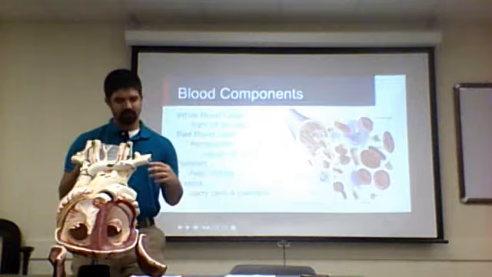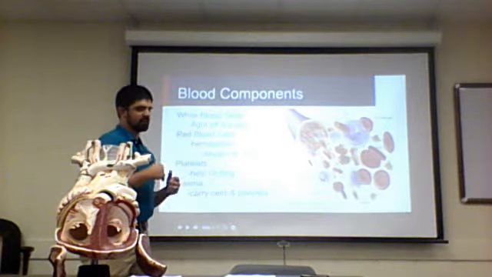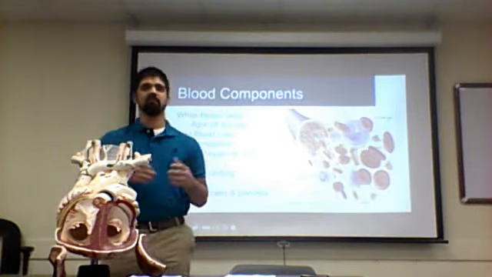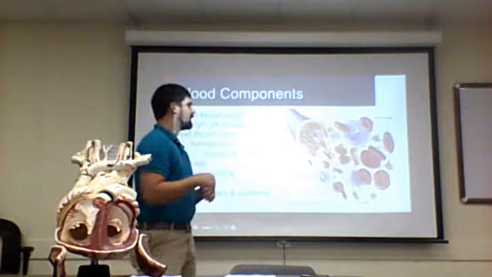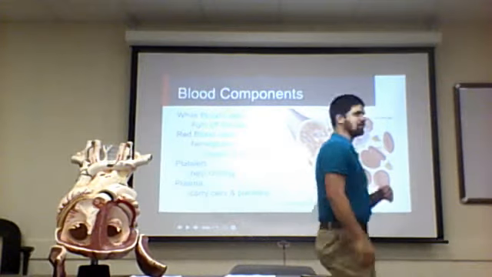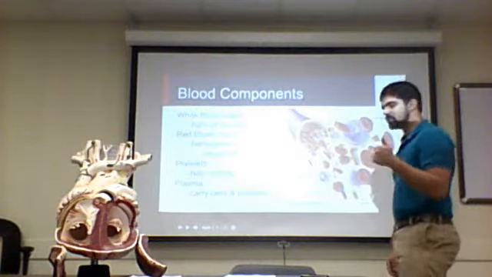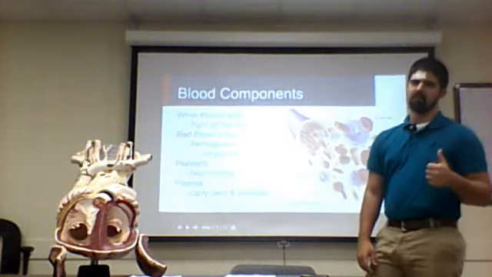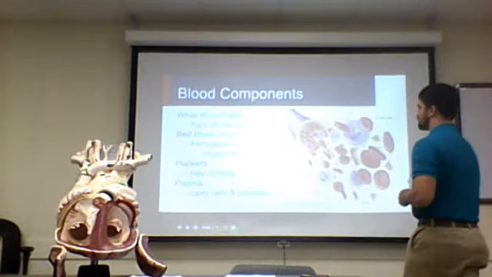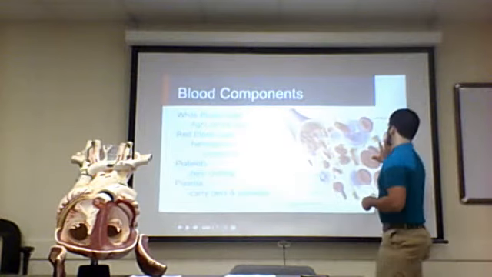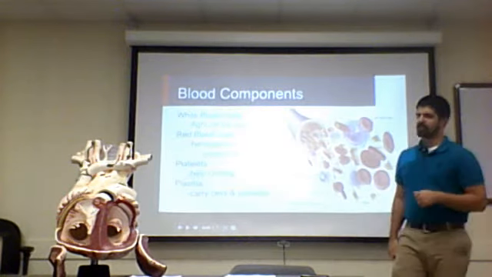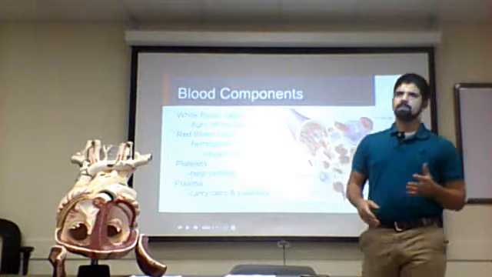White blood cells can help produce antibodies, which also fight infection and keep you from being sick. So white blood cells have a very important role. The different types of white blood cells function differently, but just know white blood cells, they help keep us healthy. So they're very important.